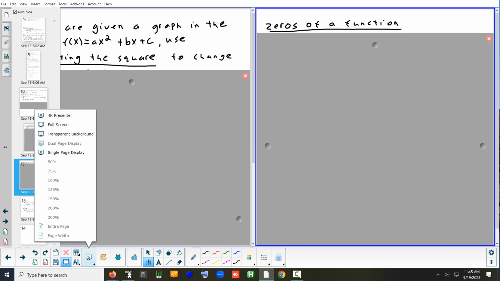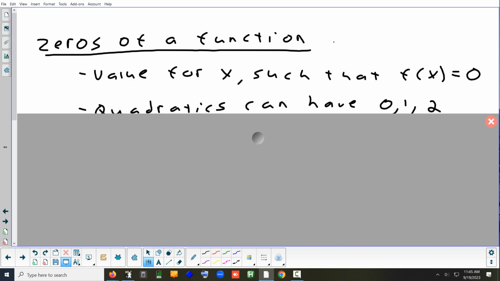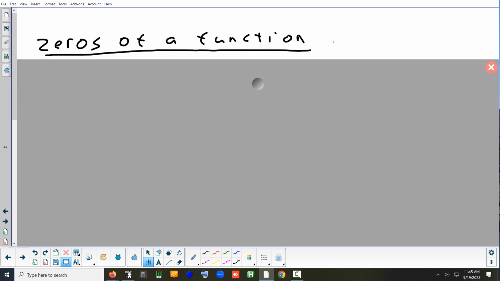So last thing we're going to look at, we're going to talk about this in a couple sections, is what's called the zeros of a function. Okay, here's an example. What number could you plug into this so that if you plug this number in, the answer comes out to 0?